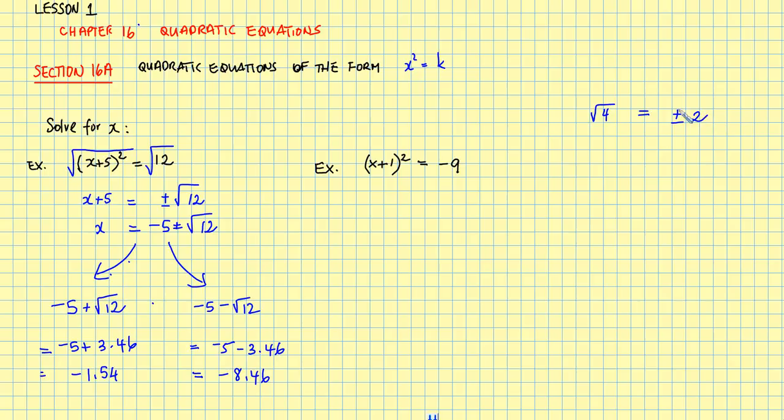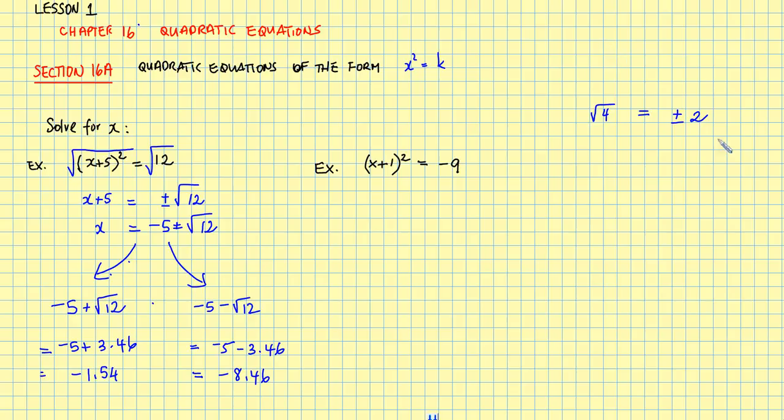Up until now, we've really said that the square root of 4 is 2, the square root of 9 is 3, the square root of 16 is 4, and so forth. But now we're saying that the square root of 4 could really be the positive or negative value of 2. That's simply because square rooting something is nothing more than the opposite of squaring it.